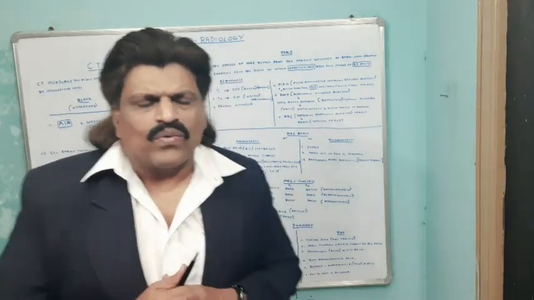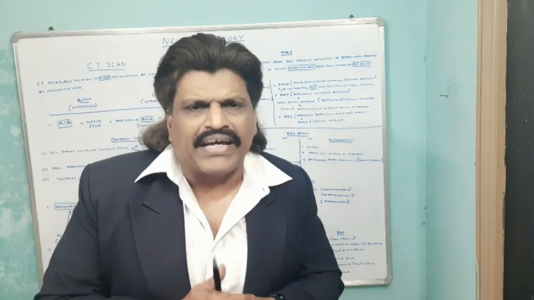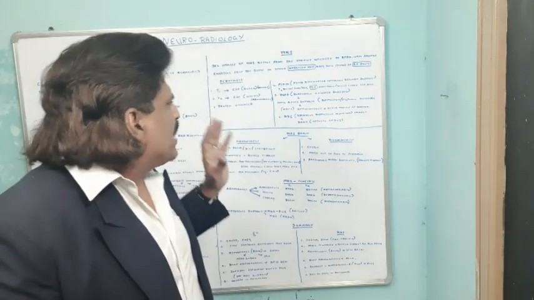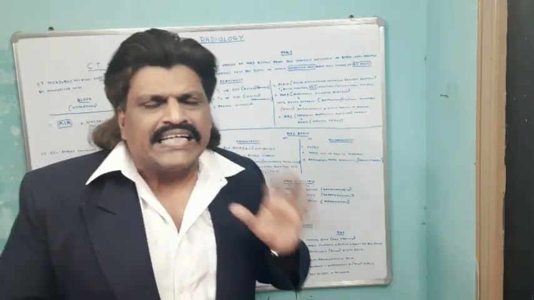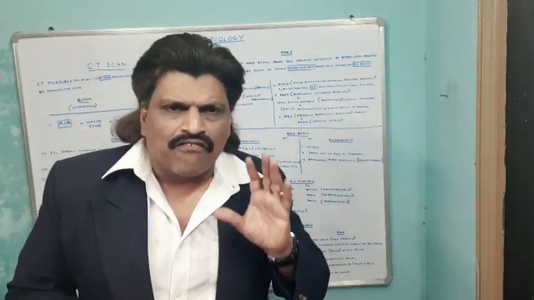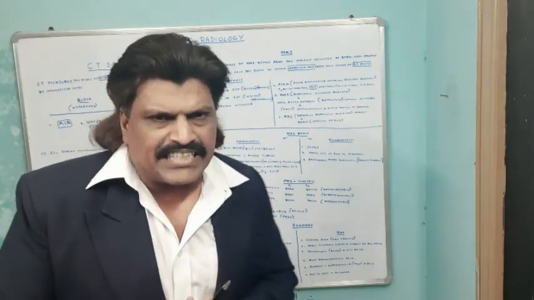Now let's talk about the various sequences used in MRI and the advantage of these various sequences. We have T1 sequence, T2 sequence, proton weighted sequence, FLAIR, DWI and ADC.